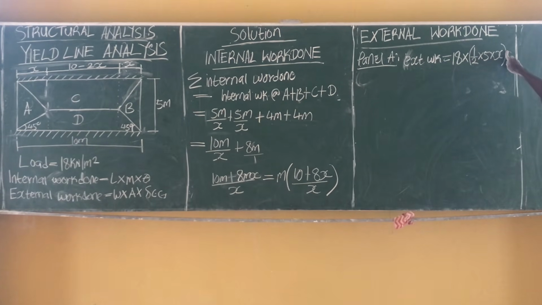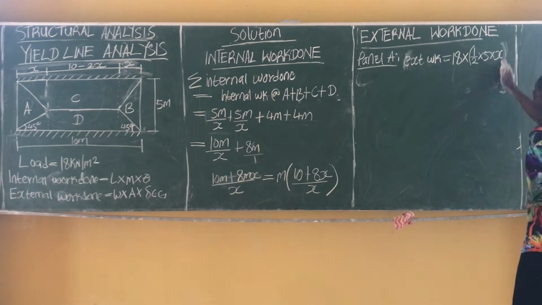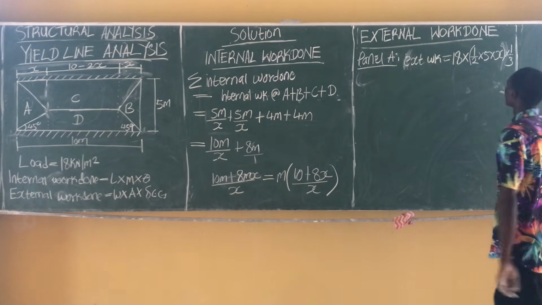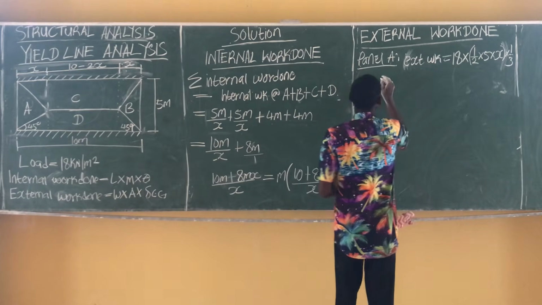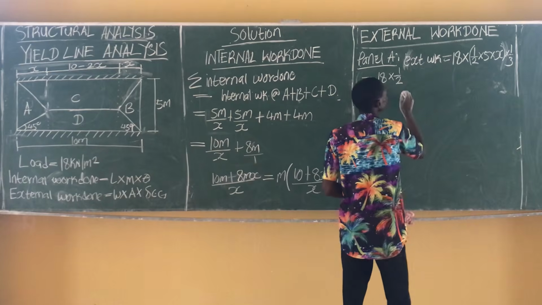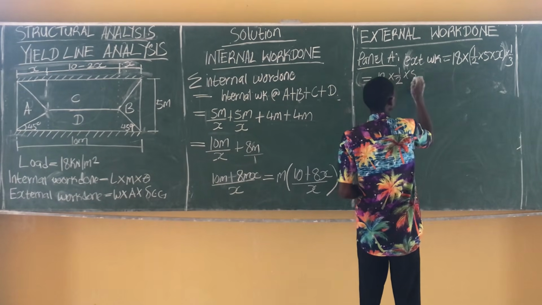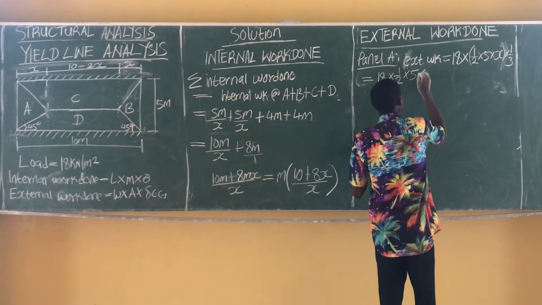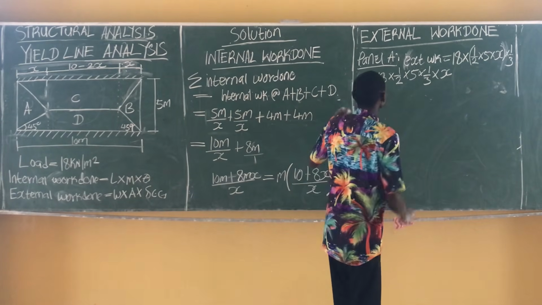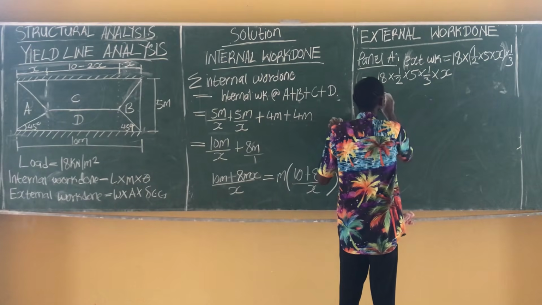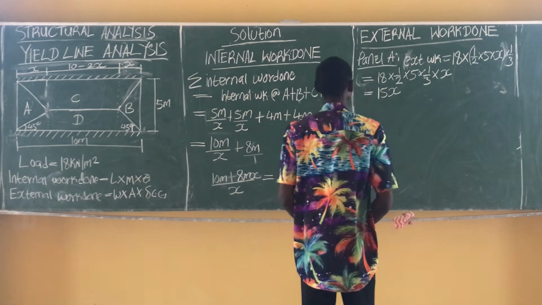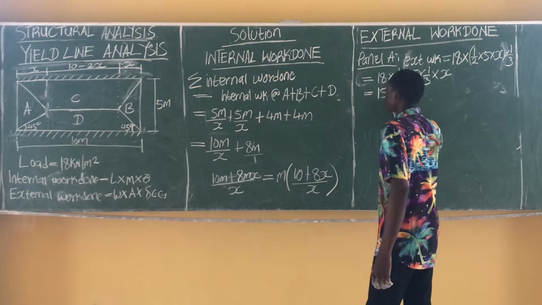Times our center of gravity. Remember, for a triangular section our center of gravity is 1/3. So we have 18 times 1/2 times 5 times 1/3, which gives 15x. So that is it for panel A.